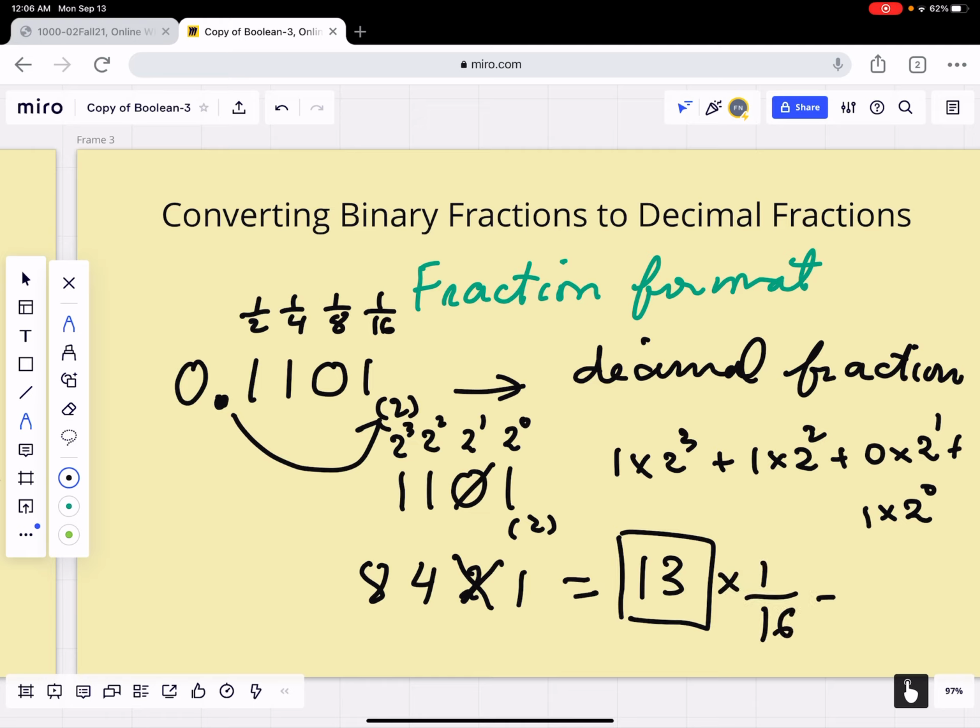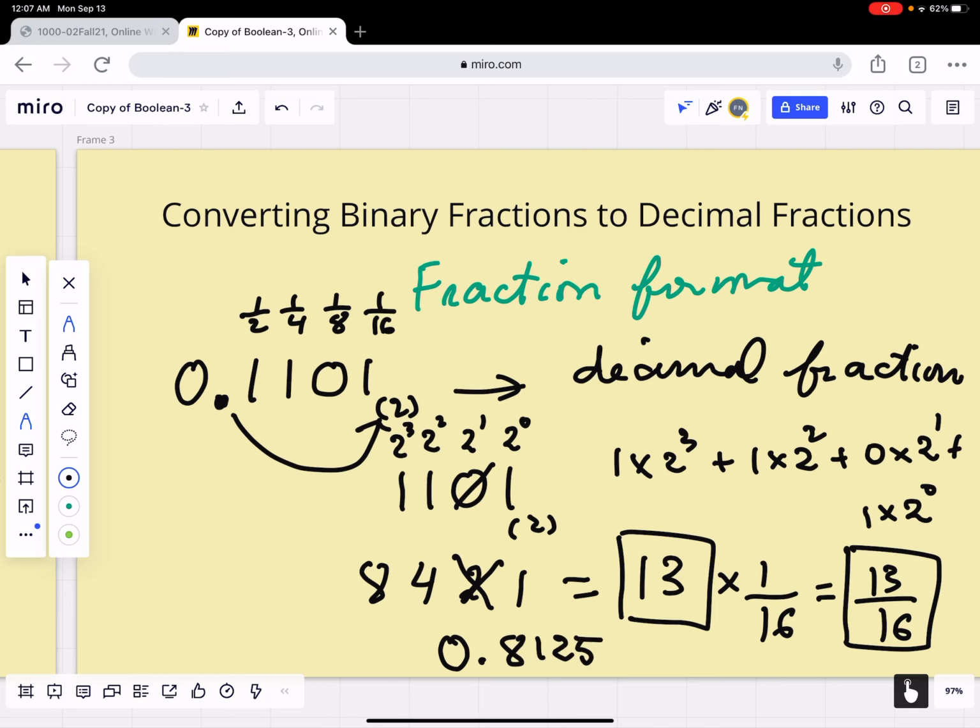So the answer is 13 over 16. So that is your answer. But if you want to find the decimal equivalent, then you write out 13 divided by 16. You do the division, use a calculator. Your answer is 0.8125, and that is the answer.